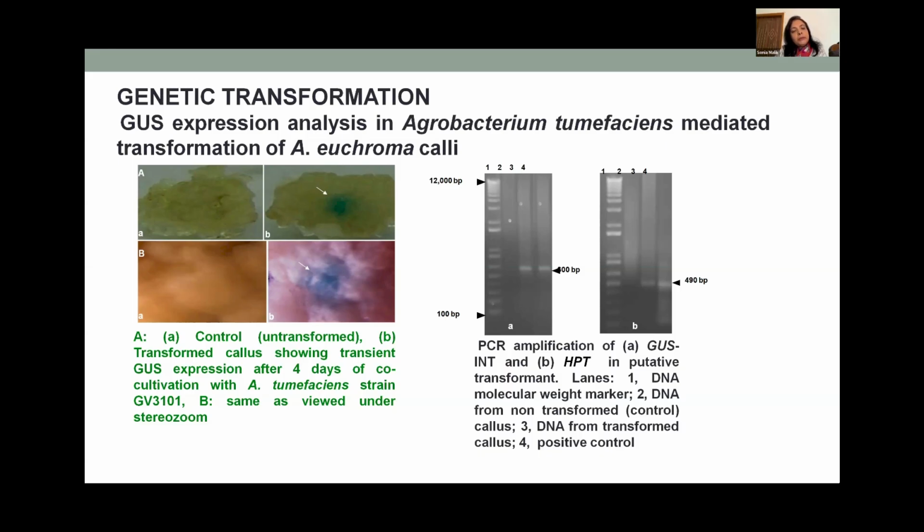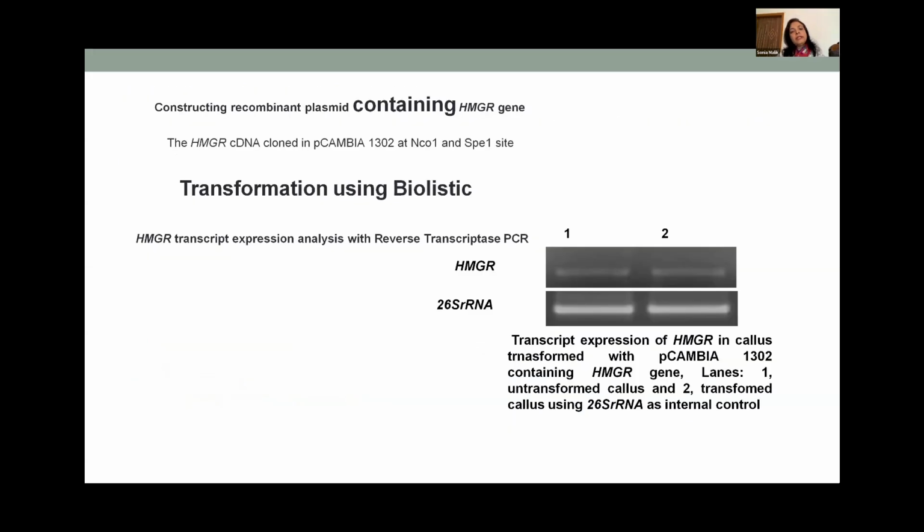We took the same biosynthetic pathway gene from Arnebia and tried to overexpress it in the callus, so that we can have a number of copies of this gene, which is responsible for higher production. And then through PCR, we saw the amplification of the DNA segment, and we used two different methods, because there are different methods for genetic transformation that I'm not going to go into in detail.